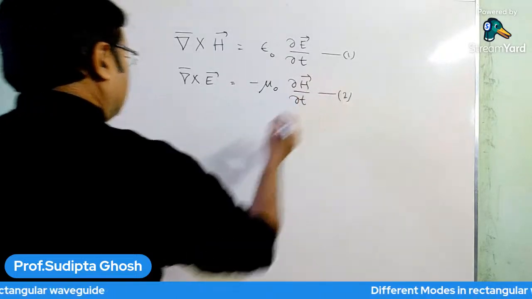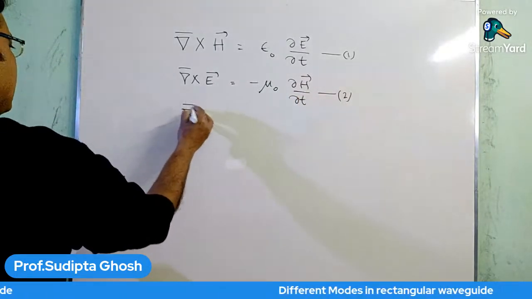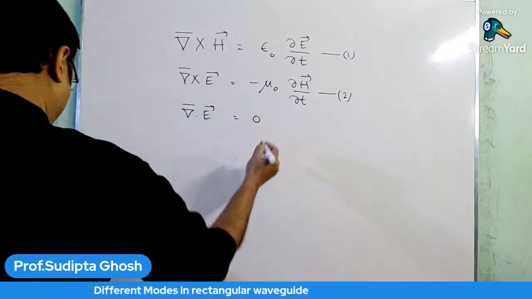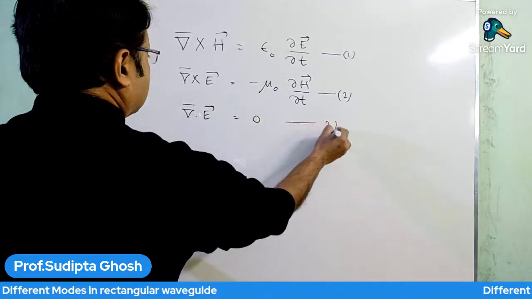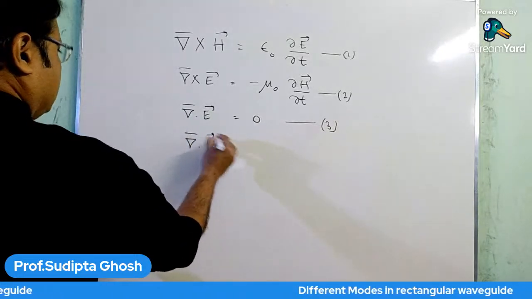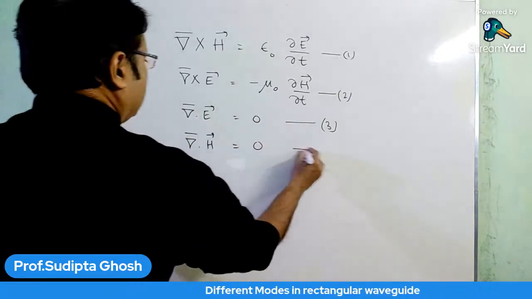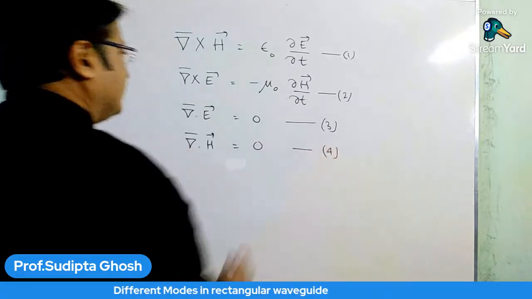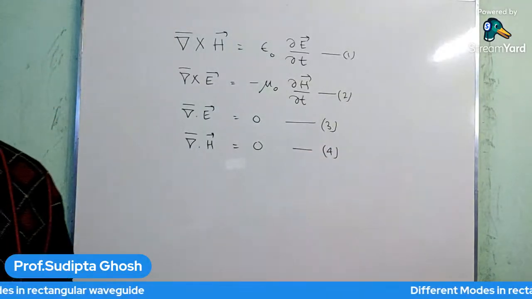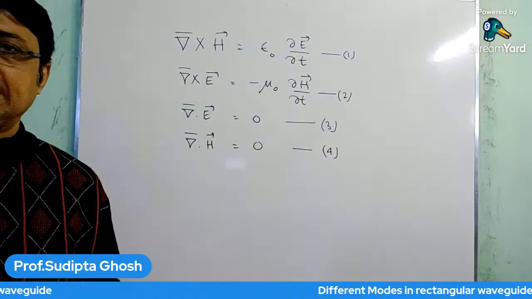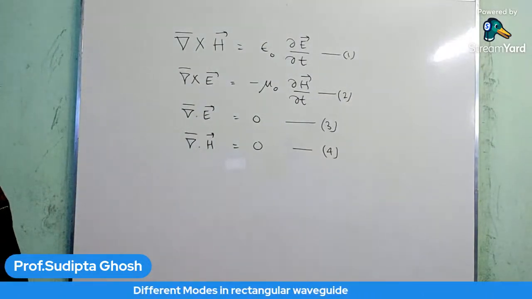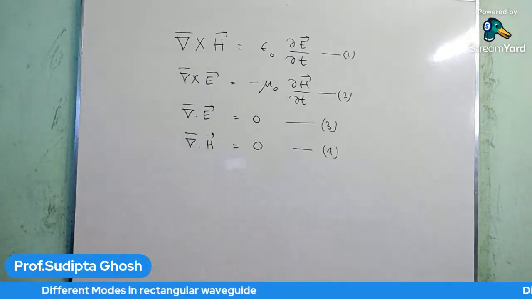Let it be equation number 2. Then divergence of E equals 0. Let it be equation 3. And then divergence of H equals again 0, and it is equation number 4. So these are the Maxwell's equations which are applicable inside the hollow cylindrical like structure of the waveguide.